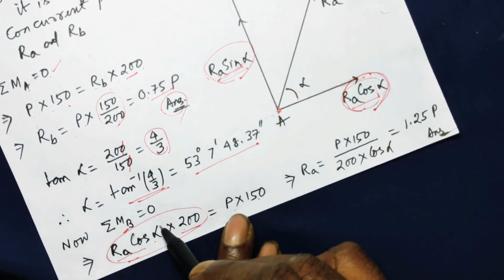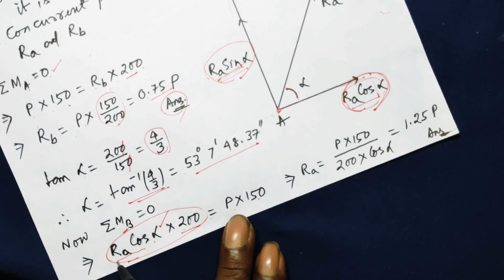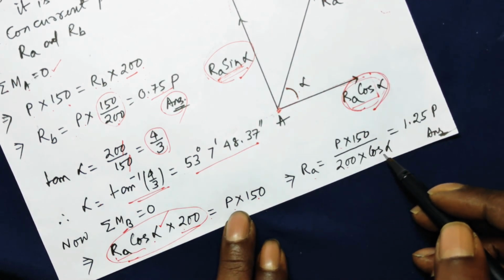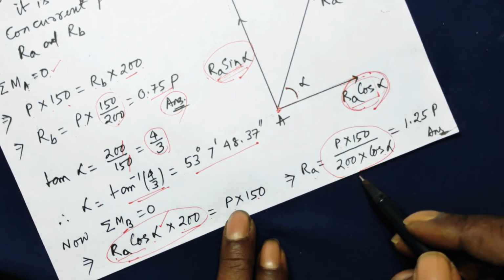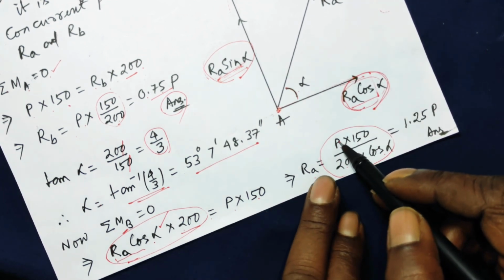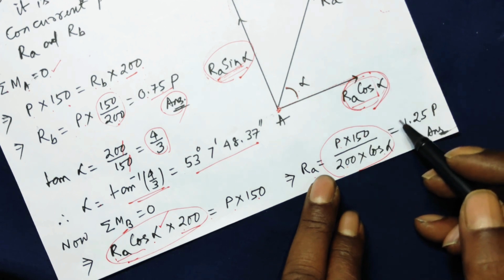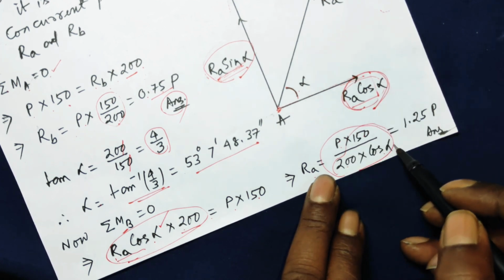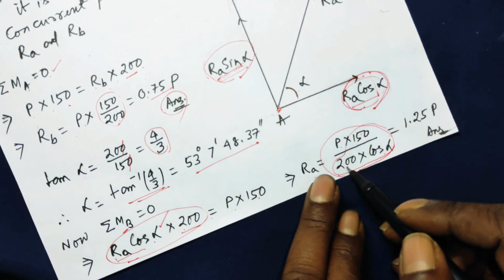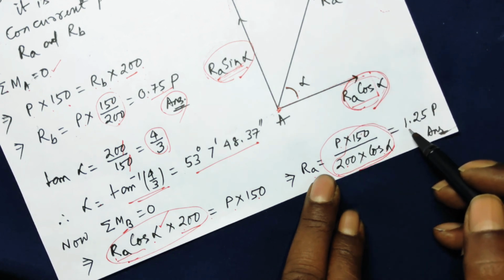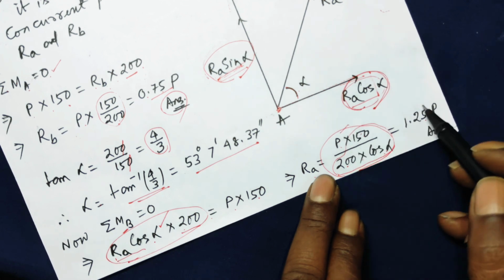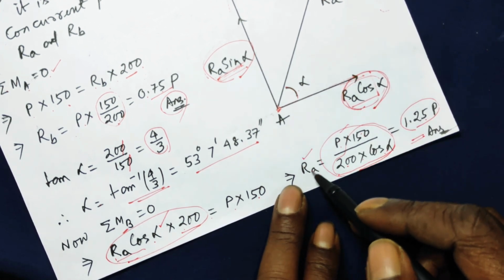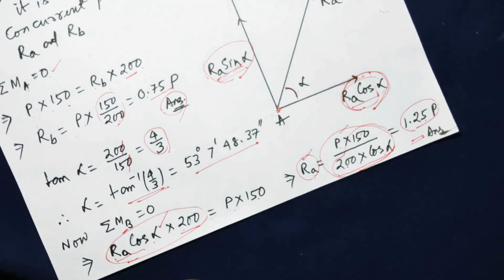Now we have already found the angle alpha. So RA is equal to P times 150 over 200 times cos alpha. Put in the value of cos alpha. P is not known, so the answer will be in terms of P. So 150 over 200 times cos alpha comes out to be 1.25.